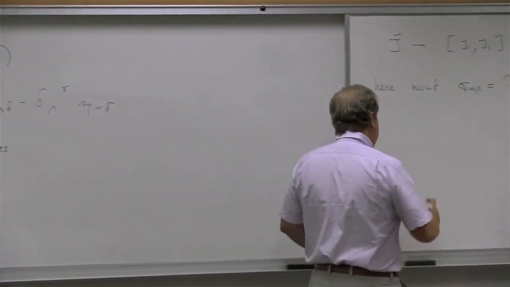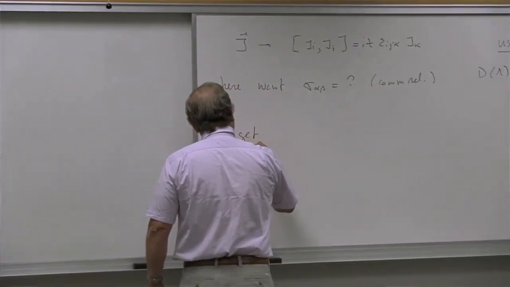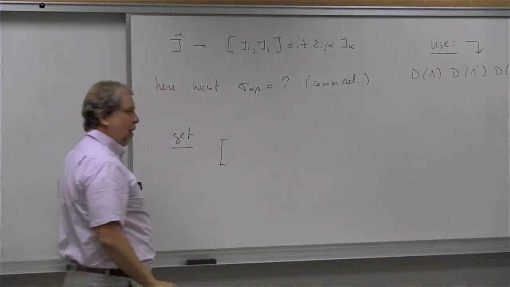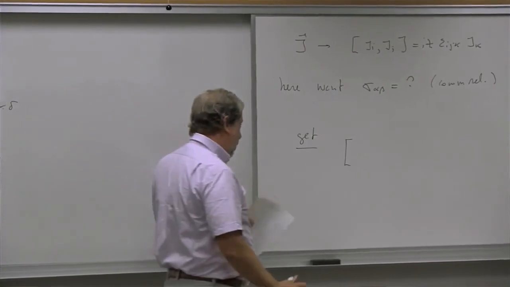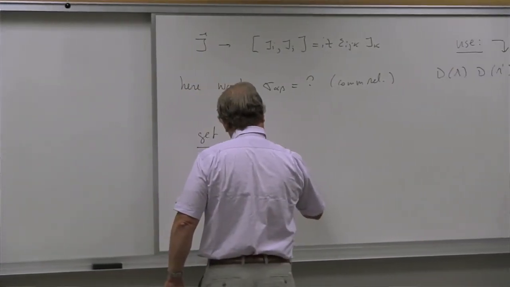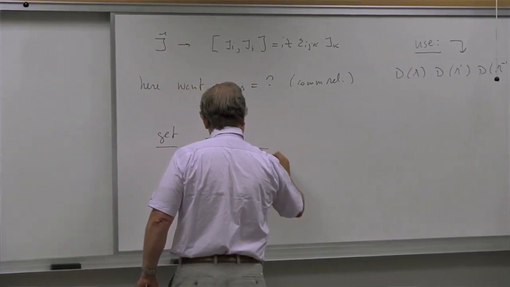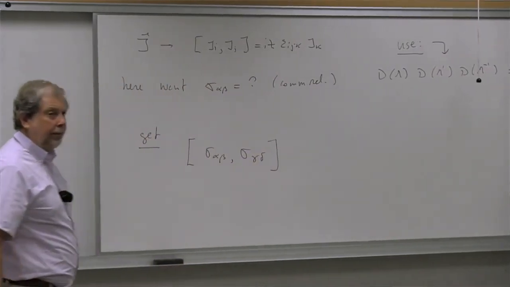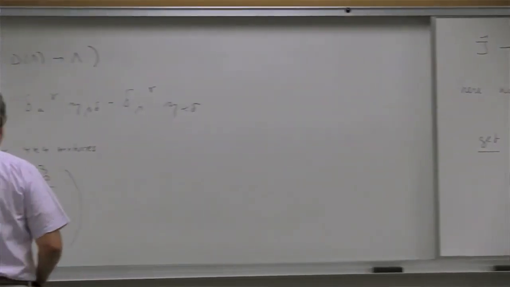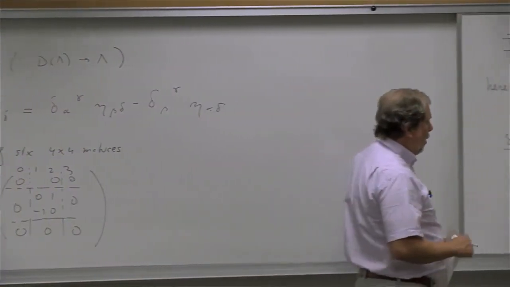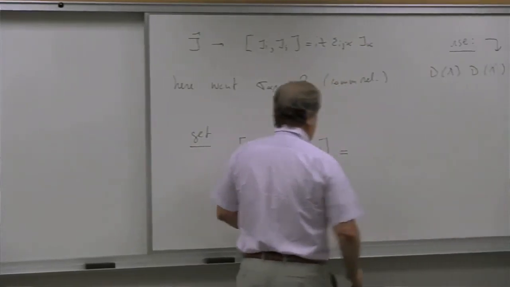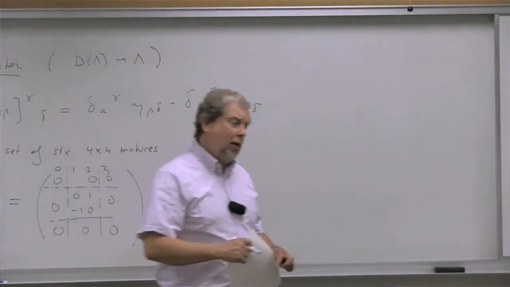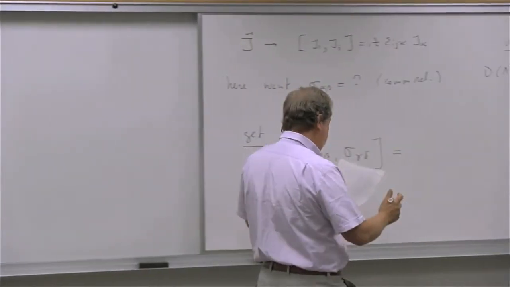Okay, the result is that we get the analog of that commutation relation. The analog is that sigma alpha beta commutated with sigma gamma delta. We would love the commutator of one of these sigmas with another to be just i times another one of these sigmas, and well, it is, but there's lots of terms.